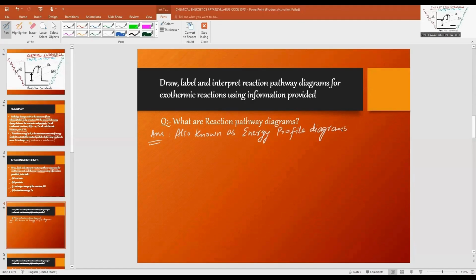It shows reactants, products involved in the reaction, as well as enthalpy change of the reaction, delta H, and activation energy, EA.